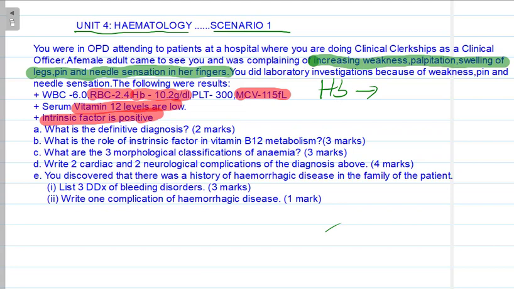Let me use the marker to indicate the problem. So we have HB showing us anemia. What other abnormality have we discovered? MCV showing us macrocytic.